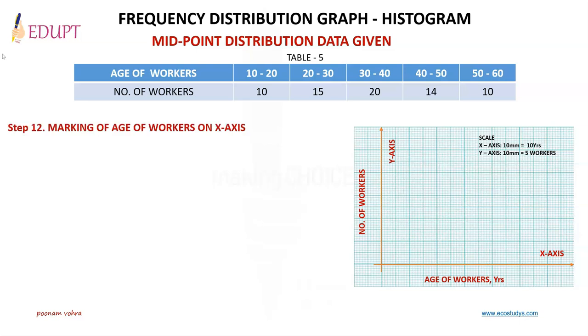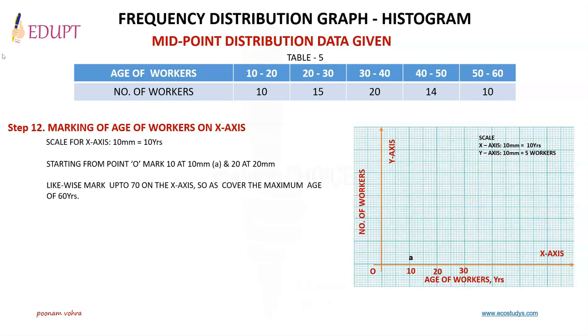After that, you need to mark the age of workers on x-axis. Scale we have already taken as 10 mm equivalent to 10 years. Starting from 0, mark 10 at 10 millimeters distance, represented by A, and 20 at 20 millimeters distance. Likewise, mark up to 70 on x-axis so as to cover the maximum age of 60.